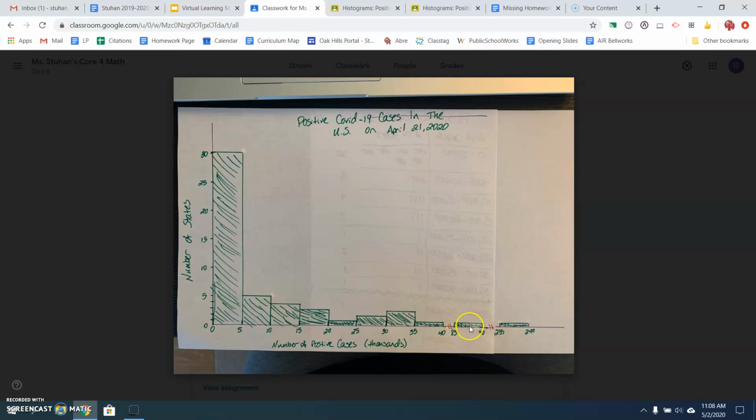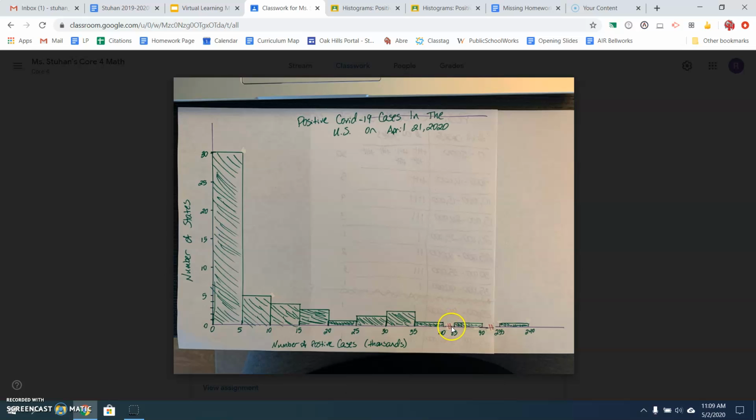So instead of having this all be blank and it be really a long axis, I put a couple lines in here, and you can see there's a space here so the bars aren't touching. That shows the people that are looking at my graph, hey, there's a break in the data, there's space here.